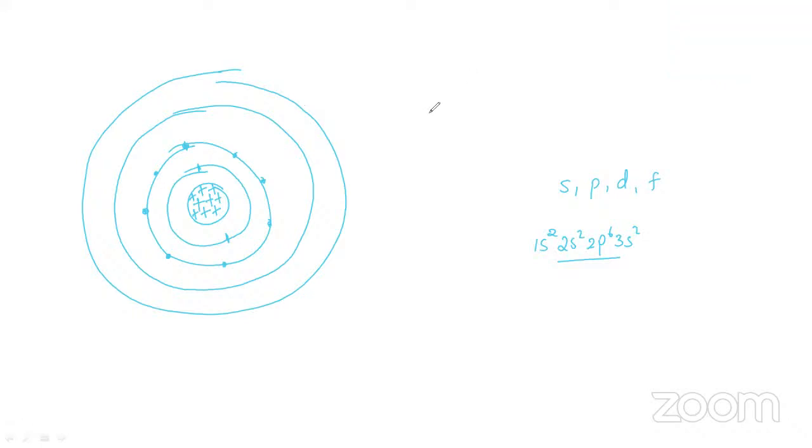As you move into the 3d series, that is how the electrons are getting filled: scandium, titanium, vanadium, chromium, manganese, iron, cobalt, with atomic numbers 21, 22, 23, 24, 25, 26, 27.